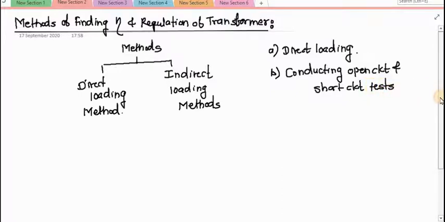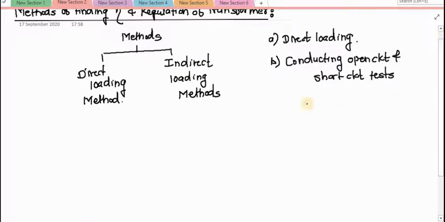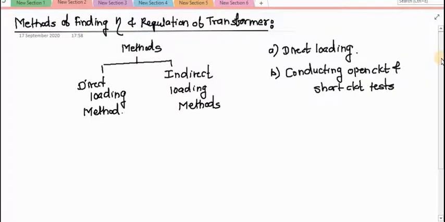By carrying out these two tests, indirectly we can find out the efficiency of the transformer.